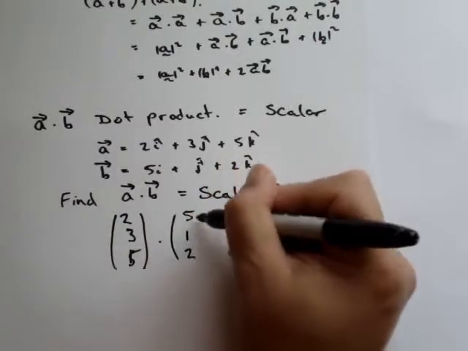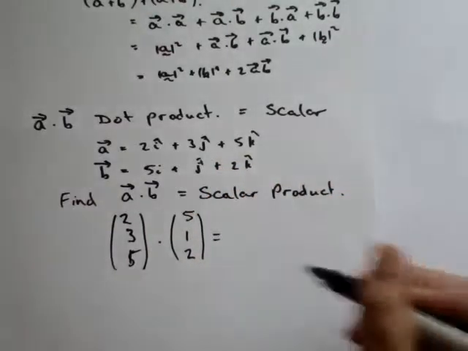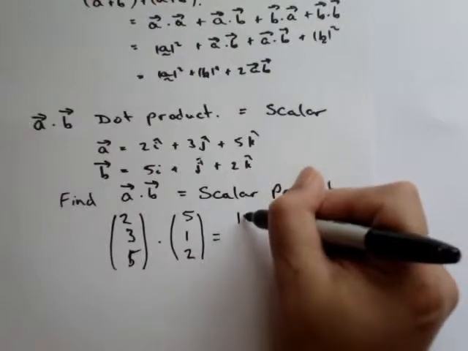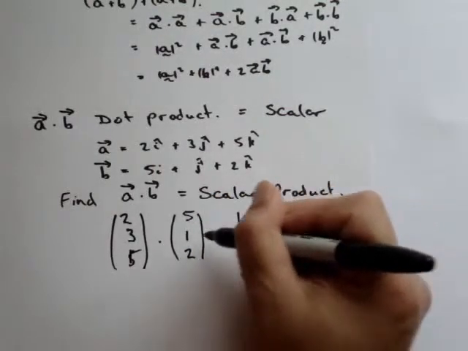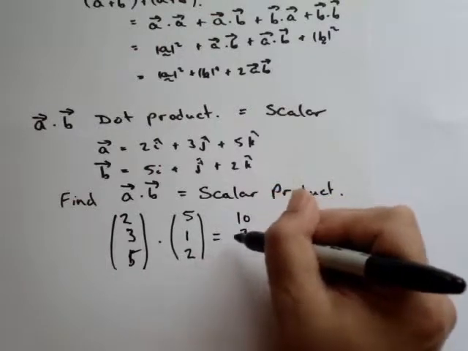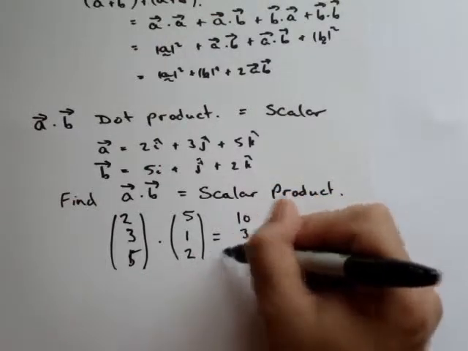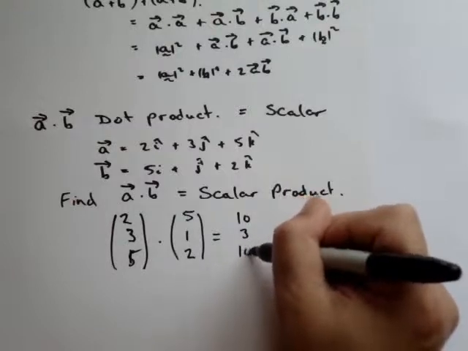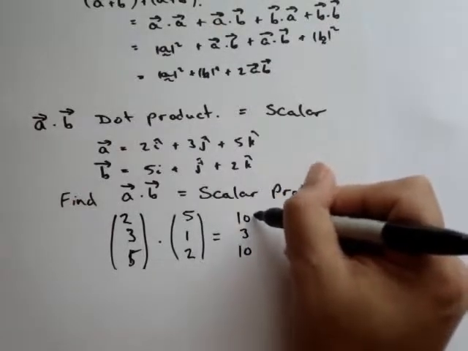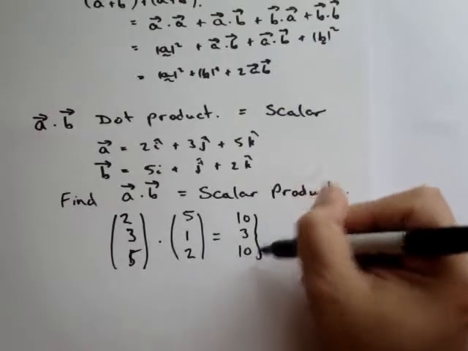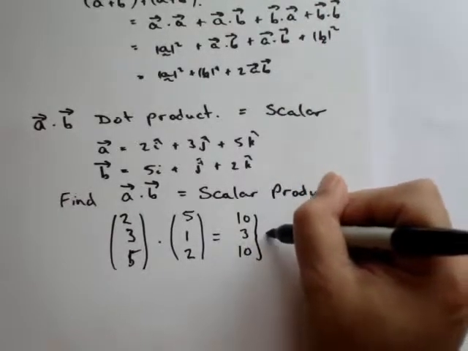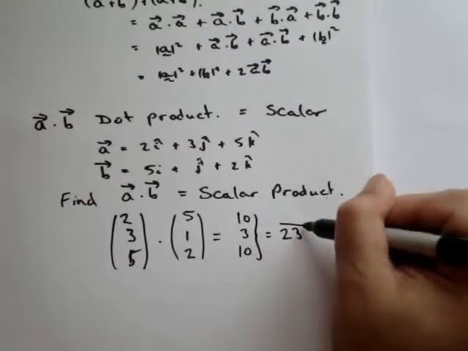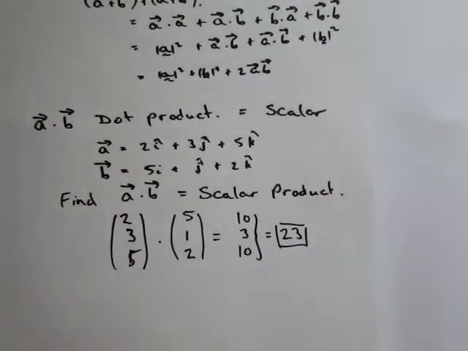So now we do our multiplication. 2 times 5 is 10, 3 times 1 is 3, and 5 times 2 is 10. Now we add these three together, and this equals 23. And that is our scalar product.